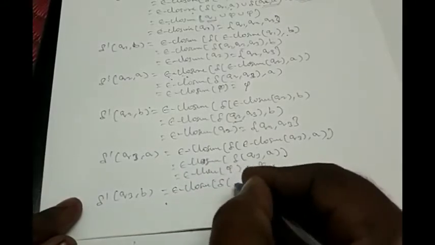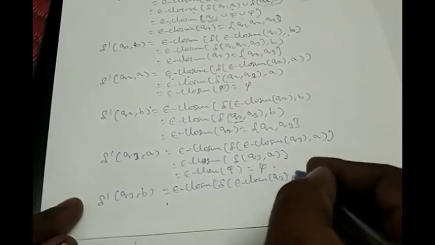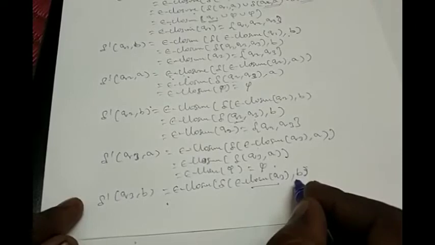Delta of epsilon closure of Q3 comma B: when you abbreviate epsilon closure of Q3, you get Q3. When you apply Q3 comma B, no transition exists, so obviously the answer is phi. So epsilon closure of phi is equal to phi.